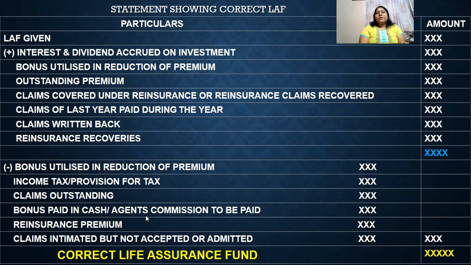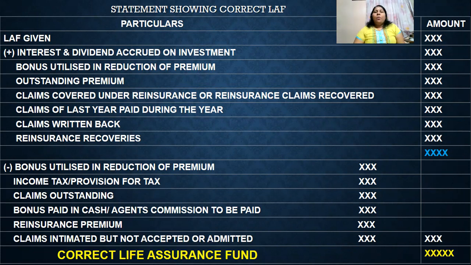These are the items that look like expenses for the insurance company. These are to be deducted. Then we'll get one balance. That balance is called the correct life assurance fund.